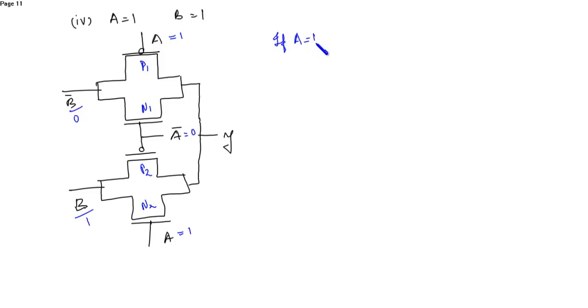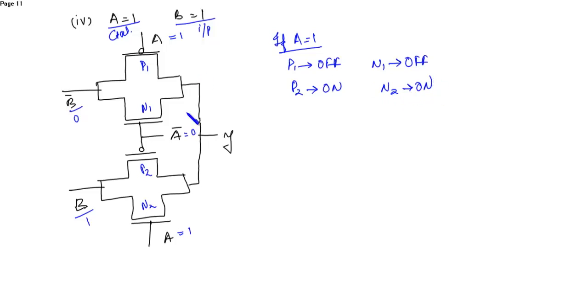So if A is equal to 1, since this is the control signal and this is the input, then P1 will be deactivated or it is off. Here also N1 will be off. P2 will be on and N2 will be on. From this you can see P2 is on and here N2 is on.